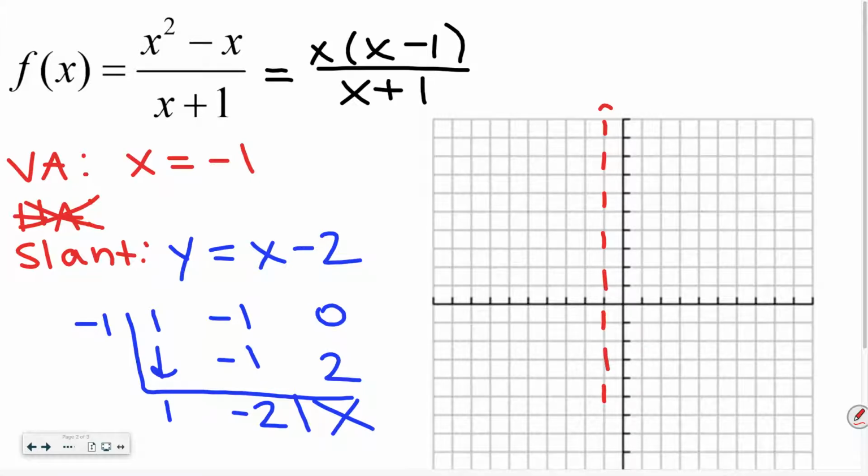Our process for graphing these really isn't going to change. The only thing we have to worry about is that slant asymptote, which is why I had you practice what you did for your problem of the day. Y equals x minus 2. That is a line. What's our y-intercept? -2.